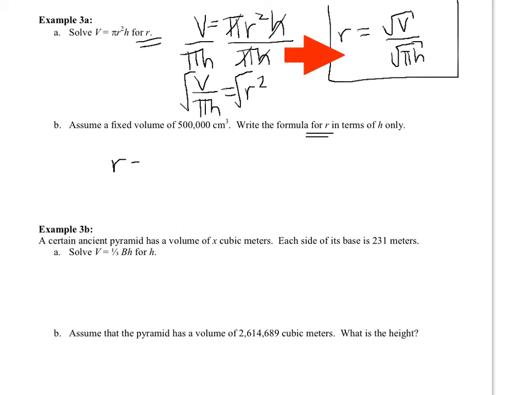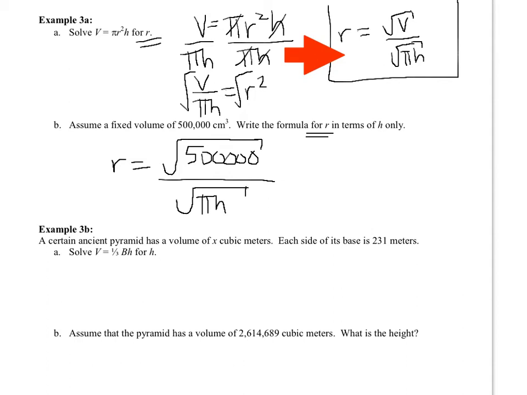So we can say r equals the square root of that volume, which is 500,000, divided by the square root of pi times h. So we wrote the formula for r in terms of h only, and we plugged in 500,000 for the volume.